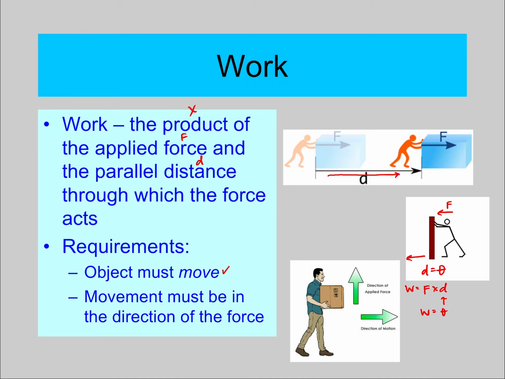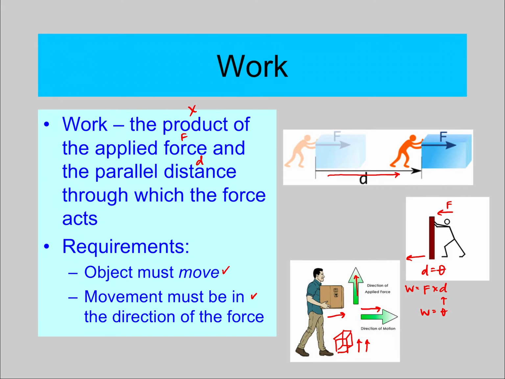The second thing is that the movement must be in the direction of the force. So in this image down here in the bottom, when the man picked up the box from the ground, the force was in the upward direction and the movement was also in the upward direction. But when the man started walking to the right with the box, the force is still being applied in the upward direction. He's holding the box up from the ground.